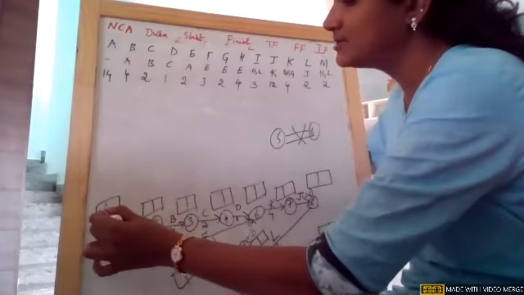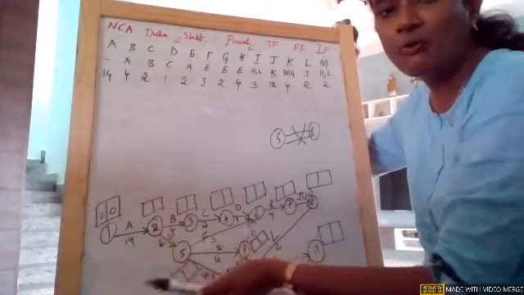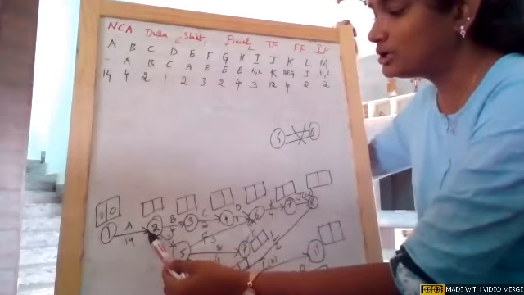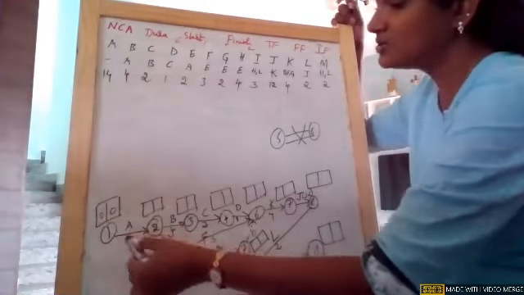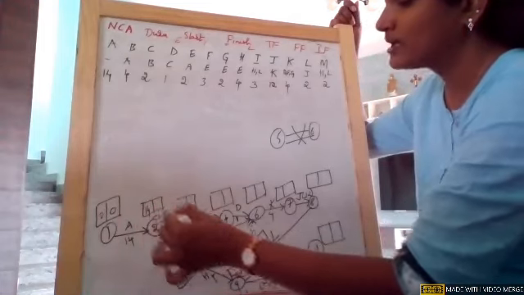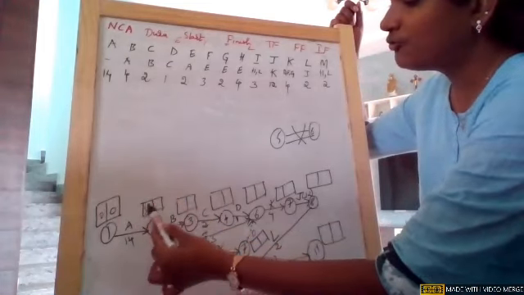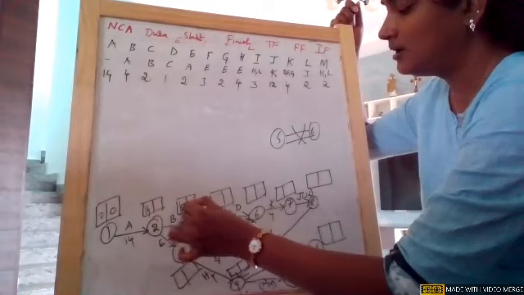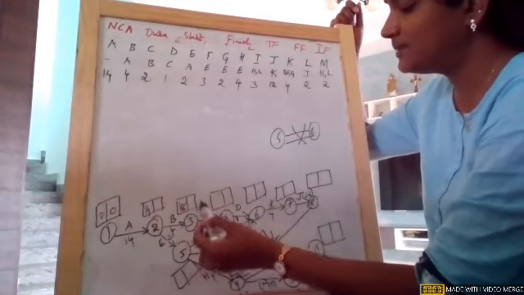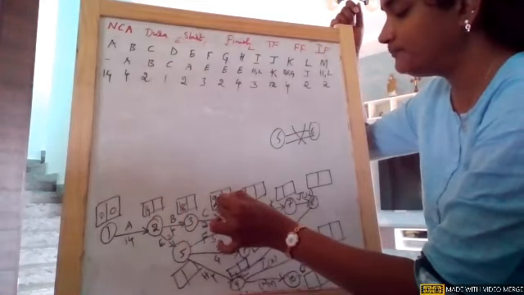Okay, so for node 1, as I told you, it will always be 0. Now pay attention, girls. Node 2, only a single arrowhead. So 0 plus 14, it is 14. Node 3, single arrowhead. 14 plus 4, it is 18. Node 4, single arrowhead. 18 plus 2, it is 20.